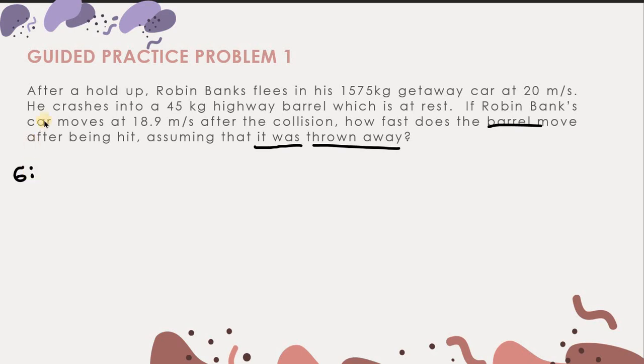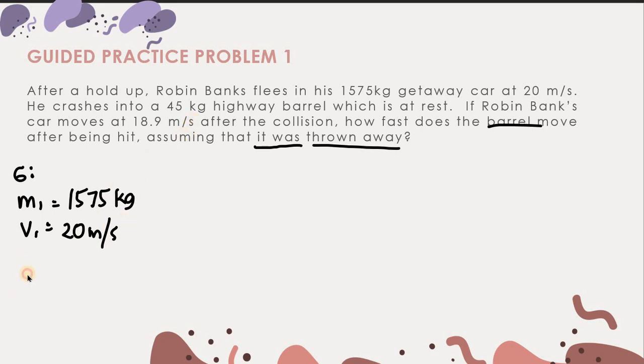For our given, it's important that you label it correctly. We set the first object as the car, so we'll have M1 and V1. The mass of the object is 1,575 kilogram, and its initial velocity is 20 meter per second.